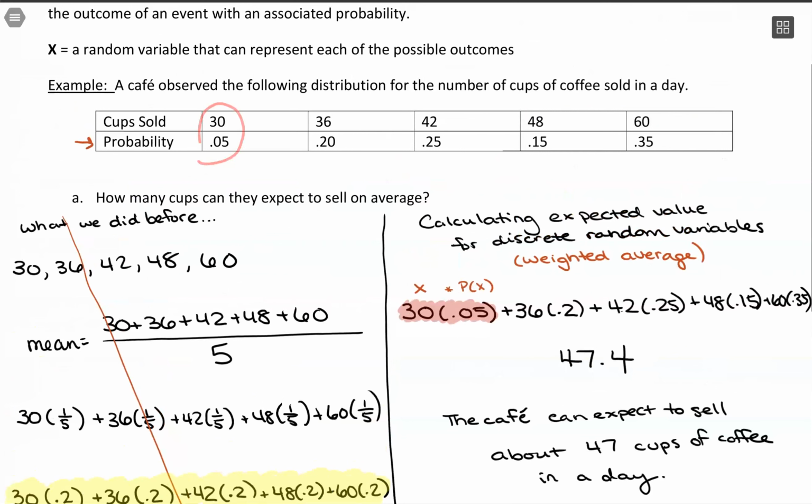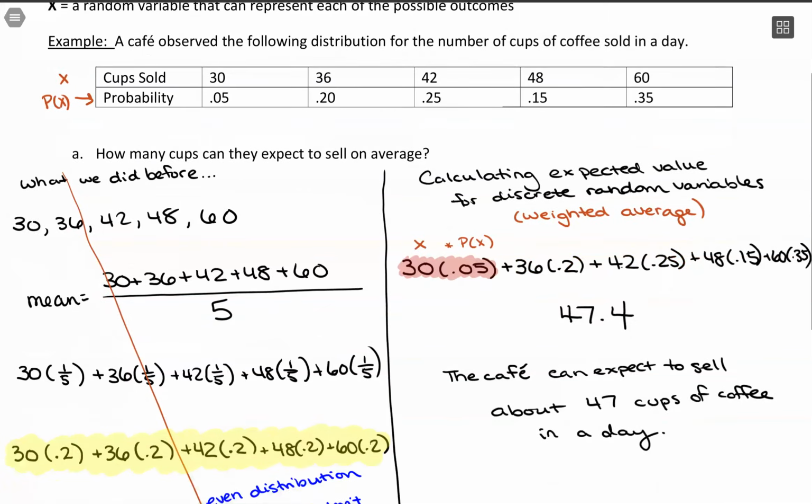It's like, here's an X value and its probability, multiply them, plus, multiply, plus, multiply, plus, multiply, plus, multiply. So in terms of writing a formula, there's definitely a mathematical formula, but without getting too difficult with it, it's really thinking about our table of X and its probabilities and multiplying and adding those up.